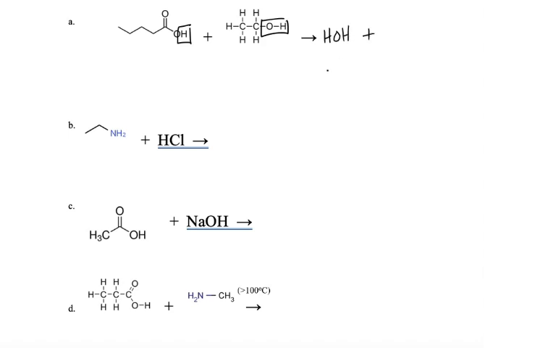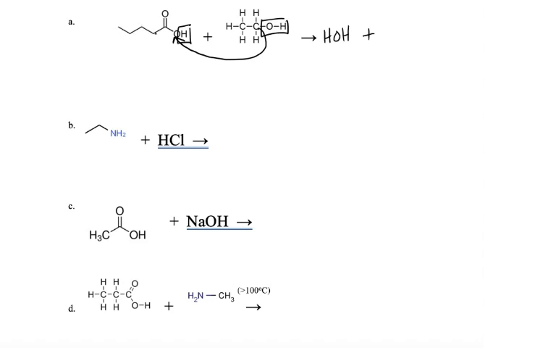And then the two molecules that are left are going to join together at the place where each one of them is missing a bond. So this carbon here is going to join to this oxygen to create an ester.